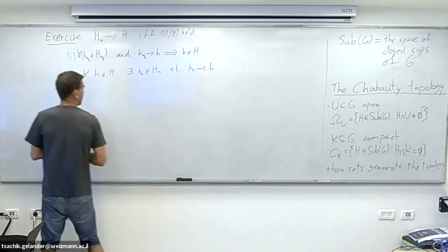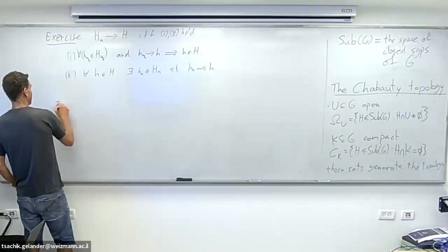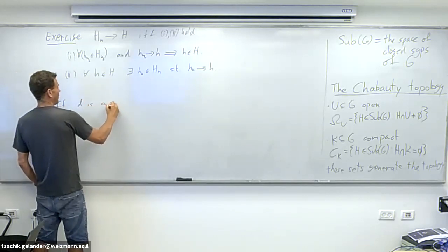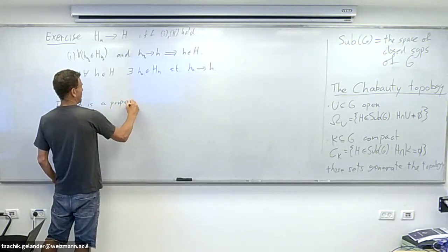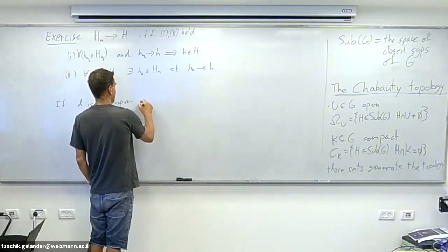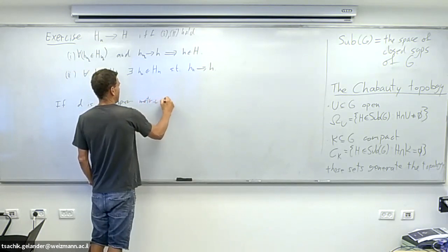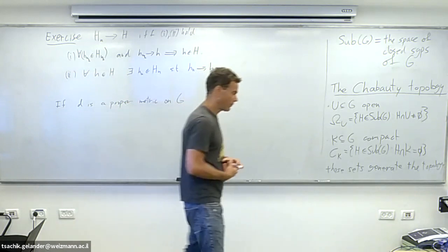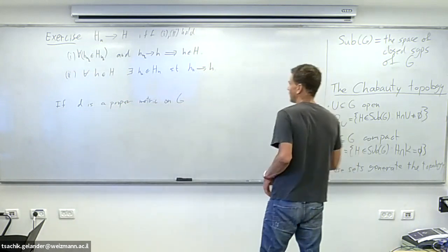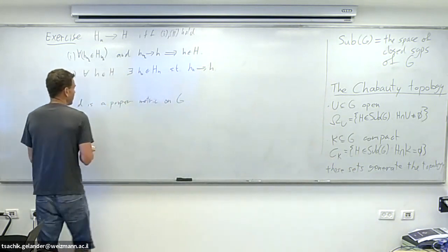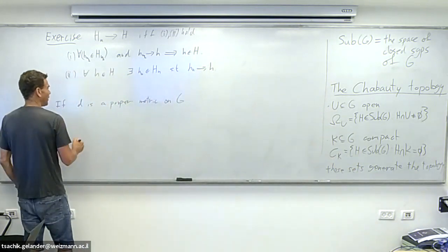And let's suppose that G is metrizable, if let's say d is a proper metric in G. Most of these groups are metrizable, if they're locally compact second countable groups, and proper means that closed balls are compact.